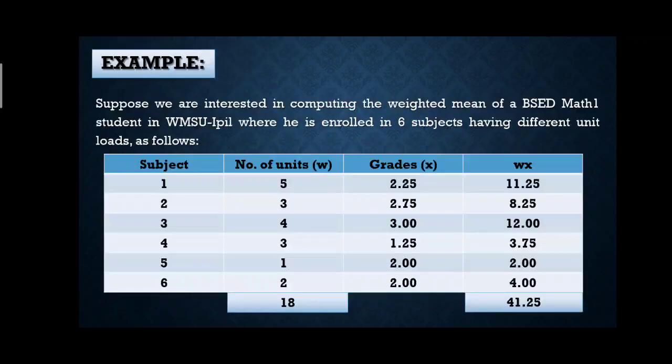So we have an example. Suppose we are interested in computing the weighted mean of a BS Ed Math 1 student, who is enrolled in 6 subjects having different unit loads as follows. The first subject has 5 units, the second 3 units, the third 4, the next 3 units and 1 unit, and lastly 2 units, a total of 18 units.